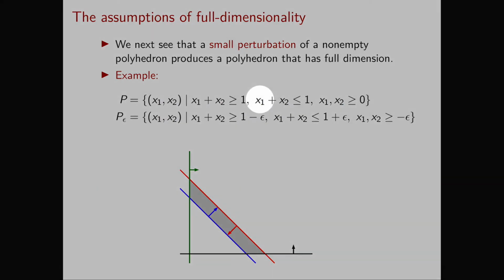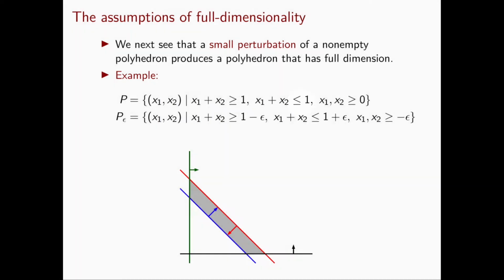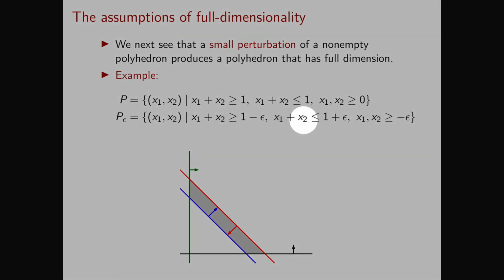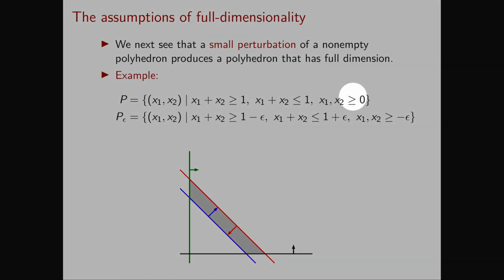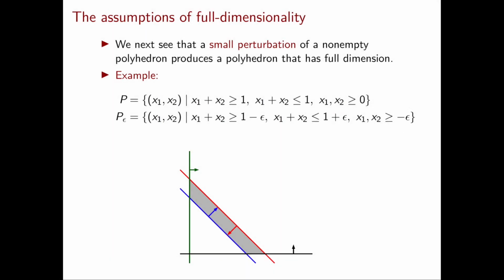The inequality x1 plus x2 less than or equal to 1 is replaced by x1 plus x2 less than or equal to 1 plus epsilon. Finally, the inequalities x1 and x2 greater than or equal to 0 are replaced by x1 and x2 greater than or equal to minus epsilon. In general, the new polyhedron will be denoted by P epsilon.